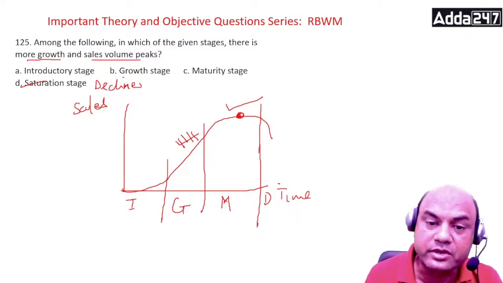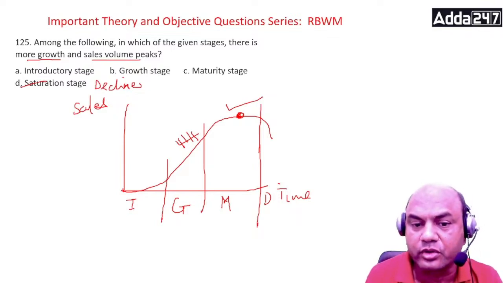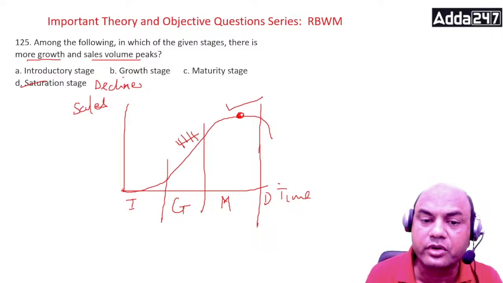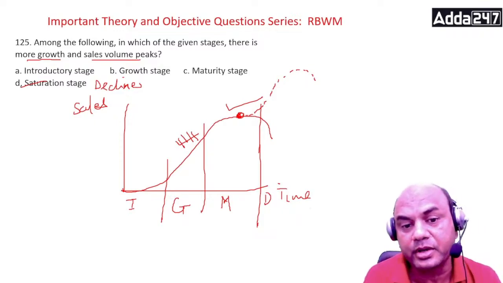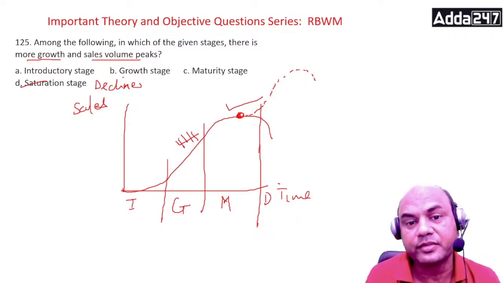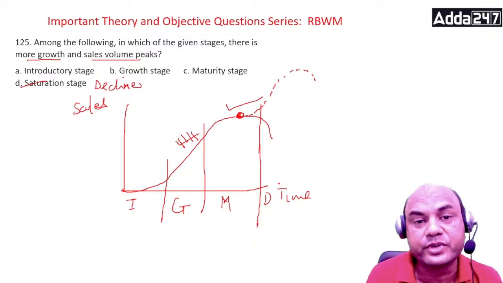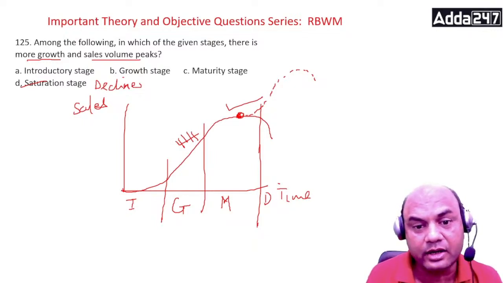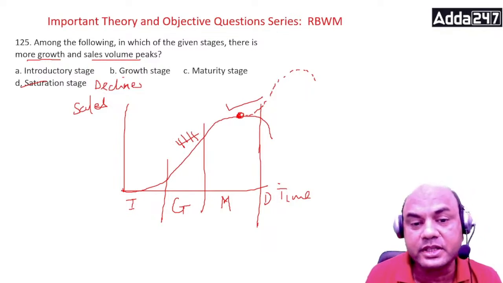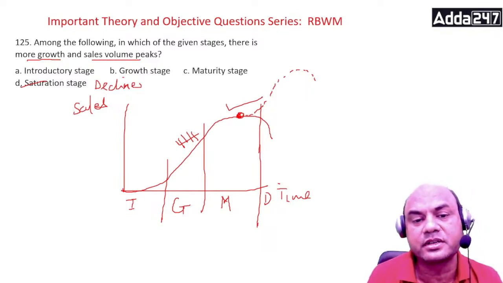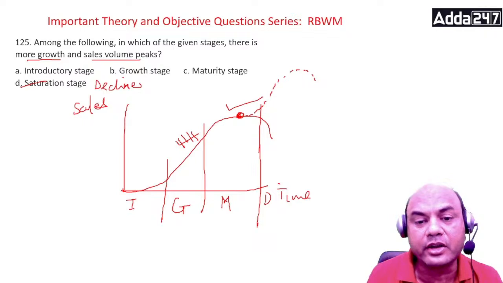When your product matures, remember, it is sure to go into the declining stage. So what do you do? You add additional features to this product and a new PLC starts. Always remember, new features are added. Alto with the changed features. Alto car, right? It went down. Maruti is very good at dealing with this maturity phase. They always add new features and increase the life cycle of that product.